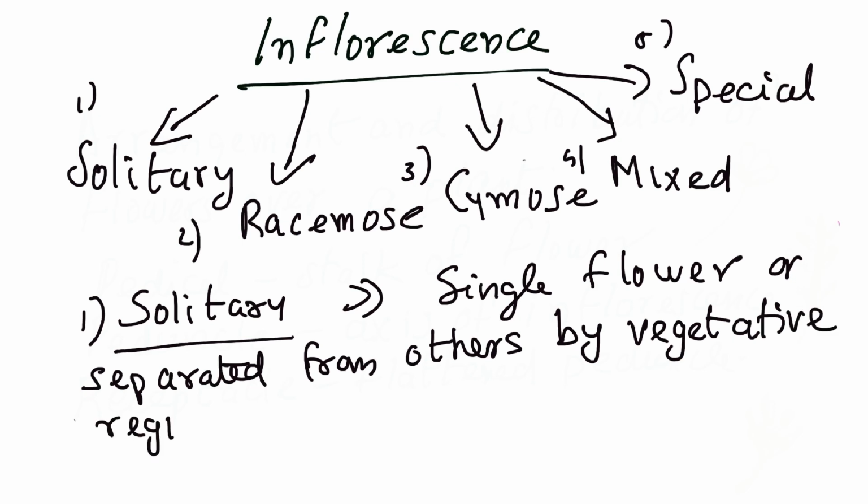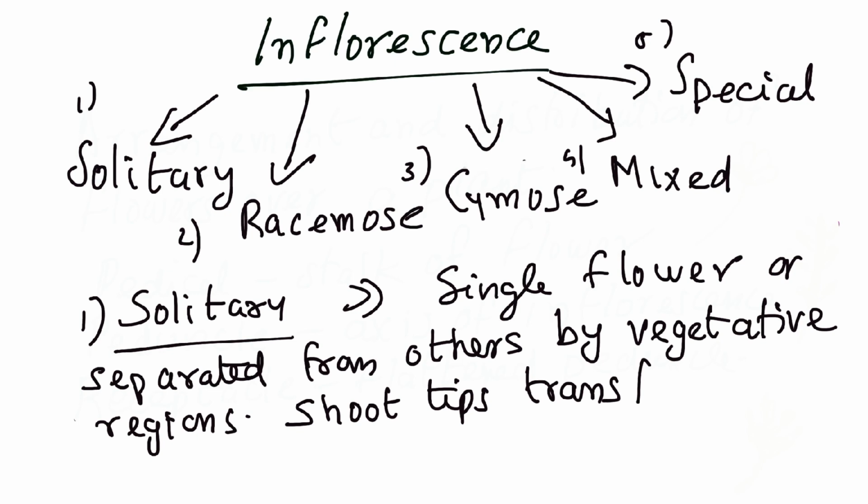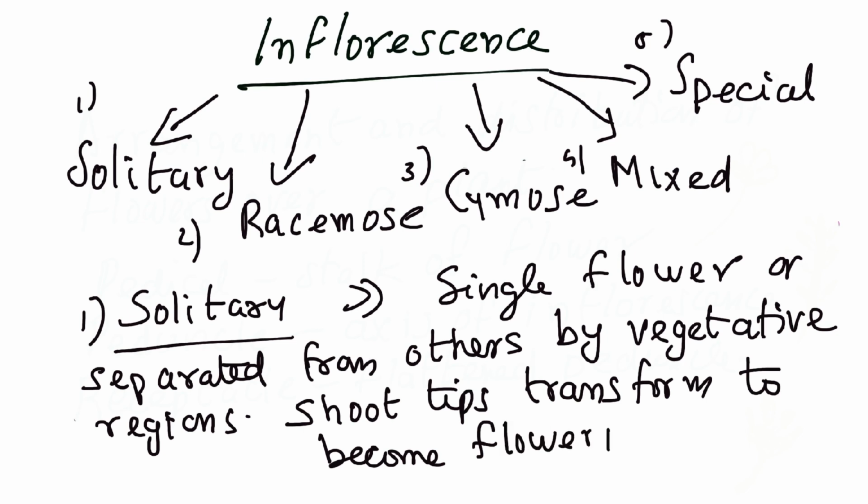Note that point. Another important key point is that the shoot tip, the tip of the growing shoot, transforms to form the part which develops into the flower. The shoot tips transform to become the flowering region.